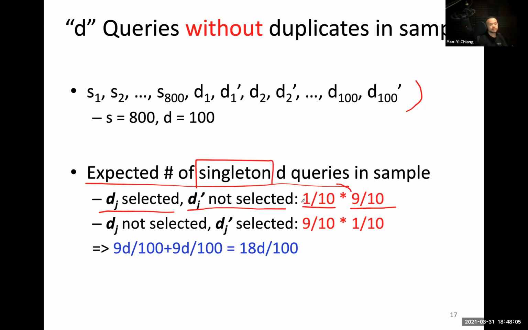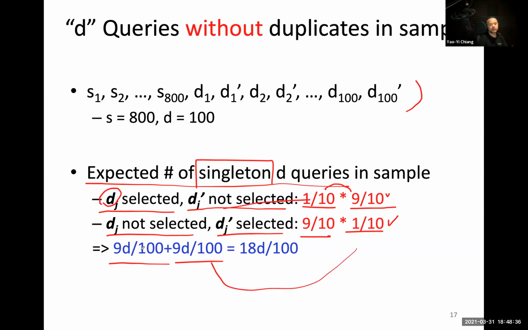Complementary probability. Or you can have the first one not selected, 9 over 10. The second one is selected, 1 over 10. So you have two types of scenarios, the same probability, and it will be 9 over 100 times D, because you have D duplicate queries, plus the second scenario here.